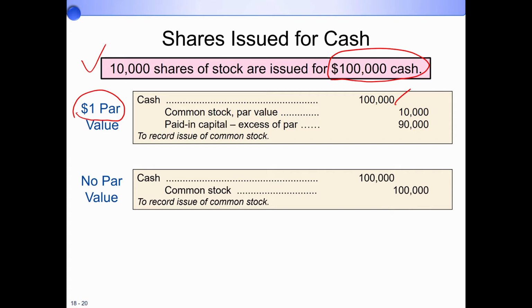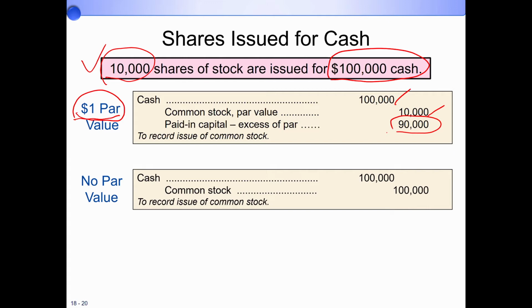Because this has a par value, the first thing you want to calculate is the total par value. $1 per share times 10,000 shares, you get $10,000. Total par value is $10,000. That's why you credit common stock for $10,000. And then the remaining part goes to paid-in capital in excess of par value, as additional paid-in capital. So this is the journal.